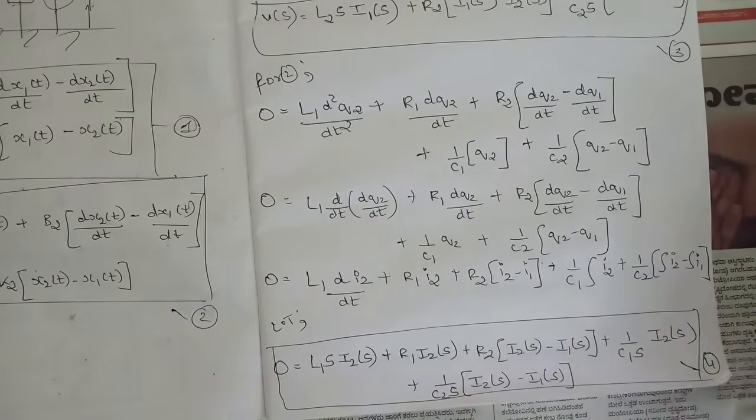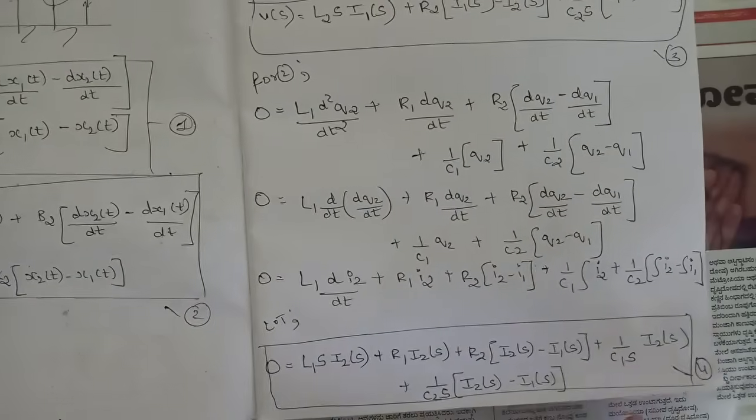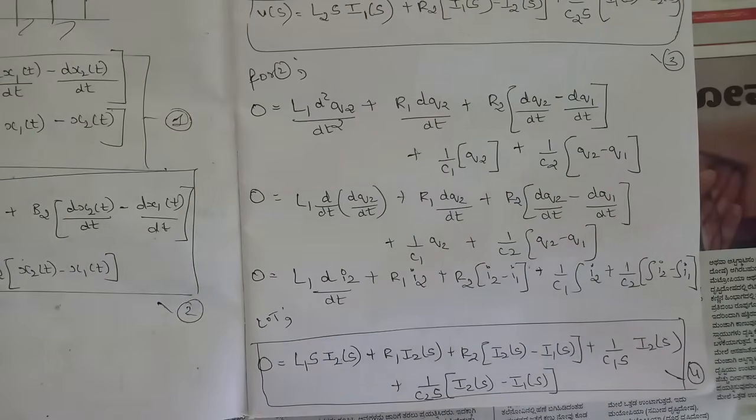Name it as equation 4. So now using these two equations we are going to build the circuit for FI analogy.